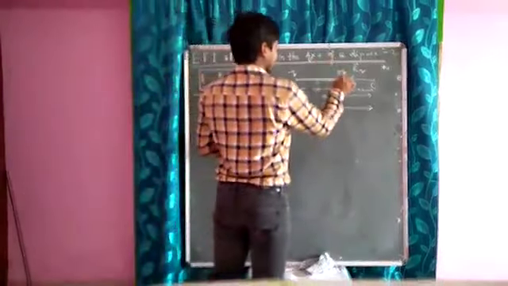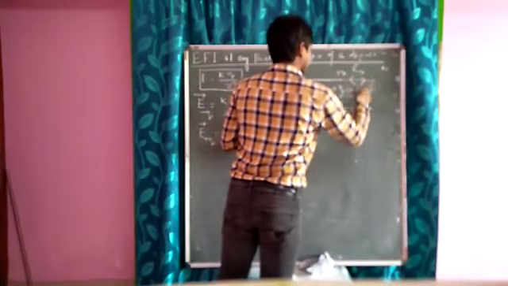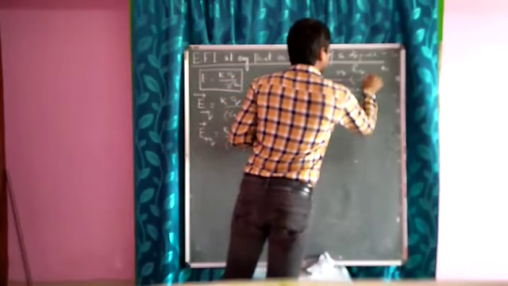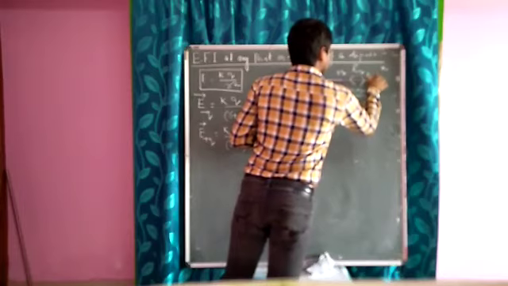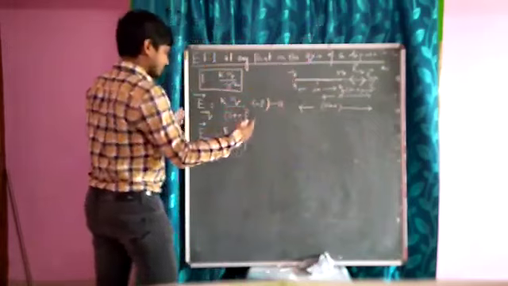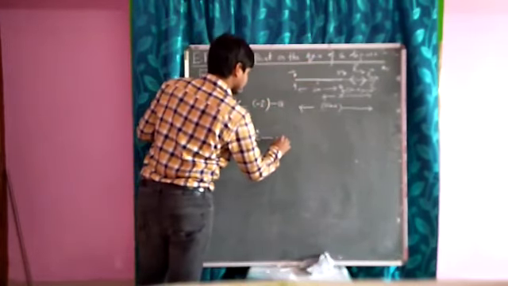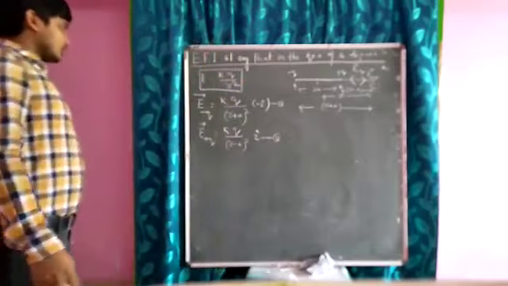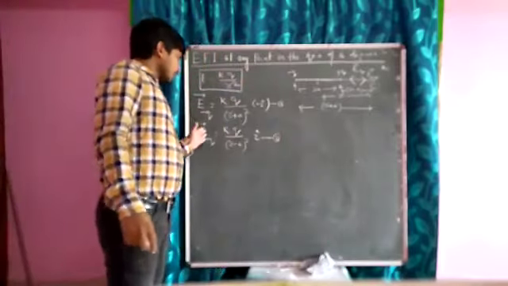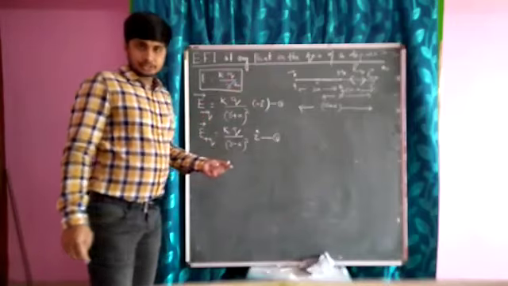Now the electric field is always directed away from the positive charge, so it will go in this direction. So this is our E plus q direction along the x-axis, so it is i cap. So these are the expressions for the electric field intensity at the point C due to the minus q charge and due to the plus q charge.